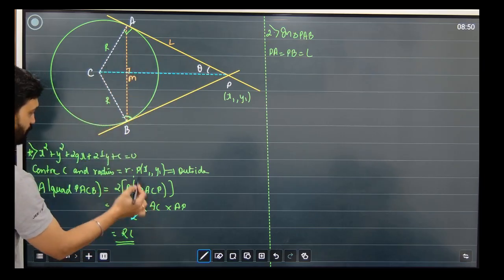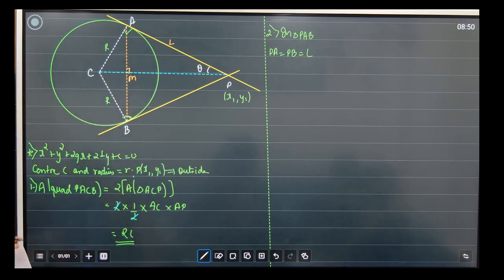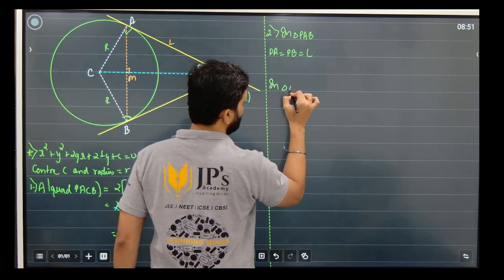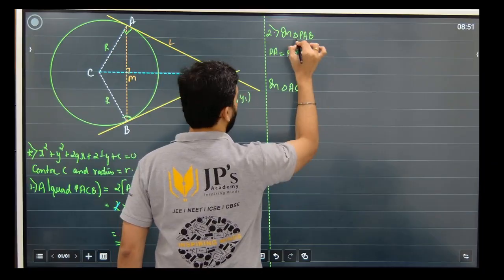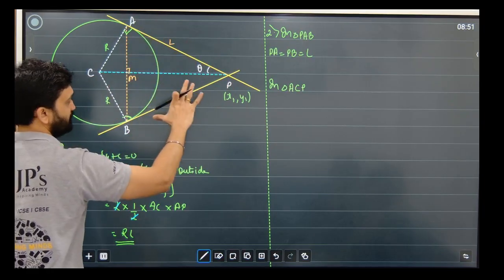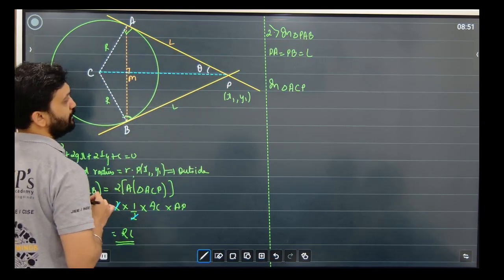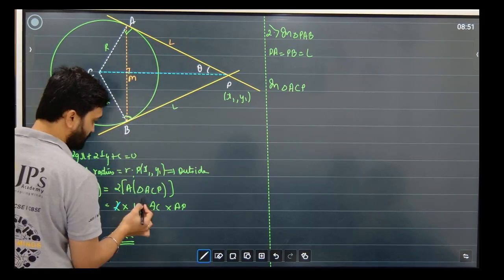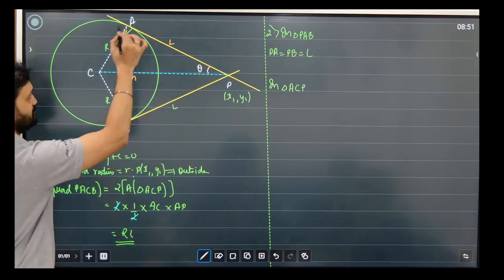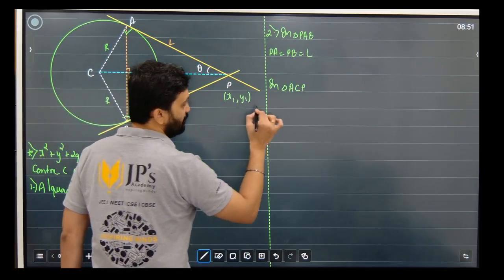If we continue with ACP, within triangle ACP, there is theta here. I took PAB, the bigger one, where I know that PA is the length of the tangent, PB is also L only, and then we have solved ACP, where it is theta.